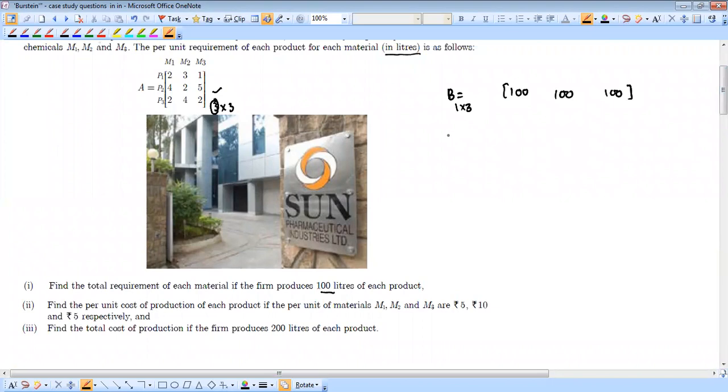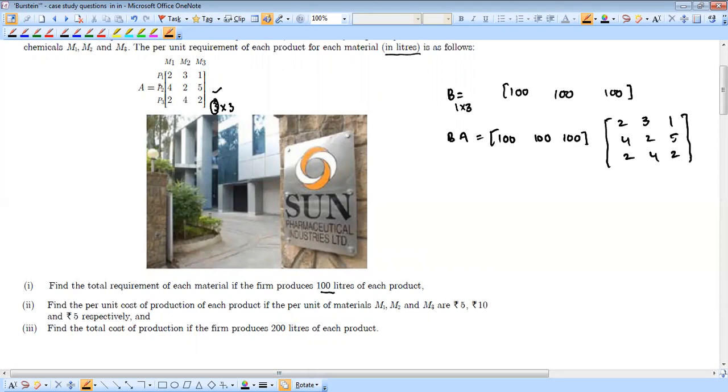Now let me multiply, that is BA, which is 100, 100, 100 into the matrix 2, 3, 1, 4, 2, 5, 2, 4, 2.